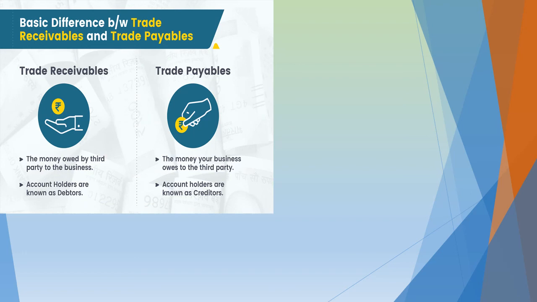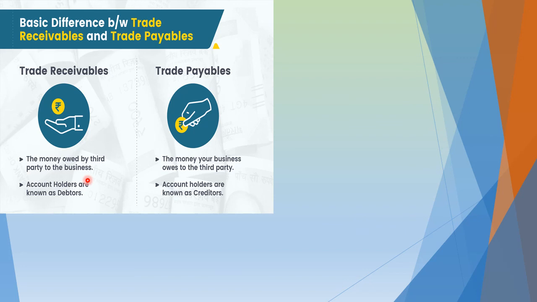Now let us see the basic difference between trade receivable and trade payables. Very easy to understand with the image you can see here. Trade receivable means you are receiving money from your debtors and from the bills receivable that you have. The money owed by a third party to the business.